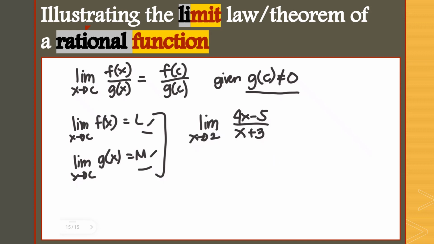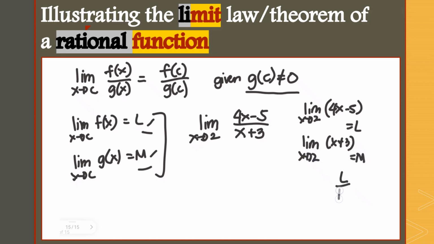We may not proceed with the previous limit theorem for the quotient of a function, because if this is not yet given, we need to solve the limit of 4x minus 5 as x approaches 2 to solve for L, and we need to solve first the limit of x plus 3 as x approaches 2 to solve for M, and we take the ratio of L over M, if M is not 0. This is the limit of this function here.